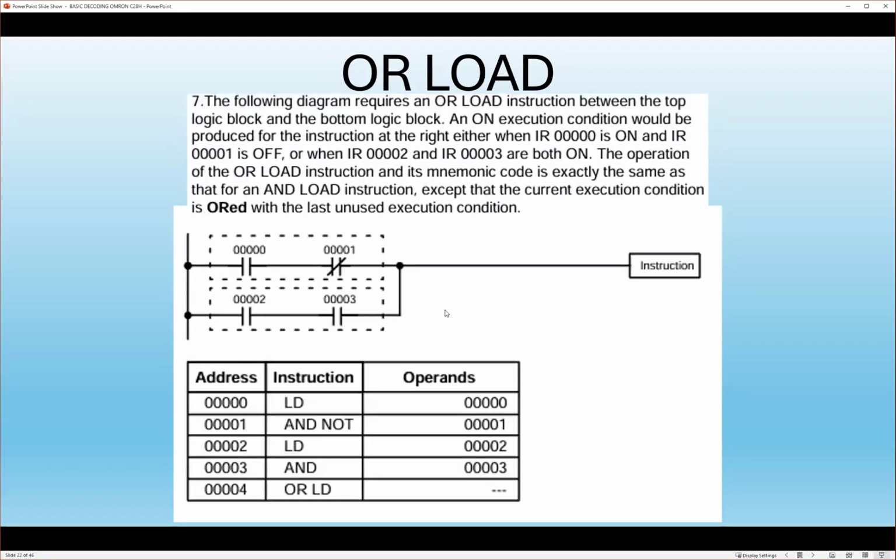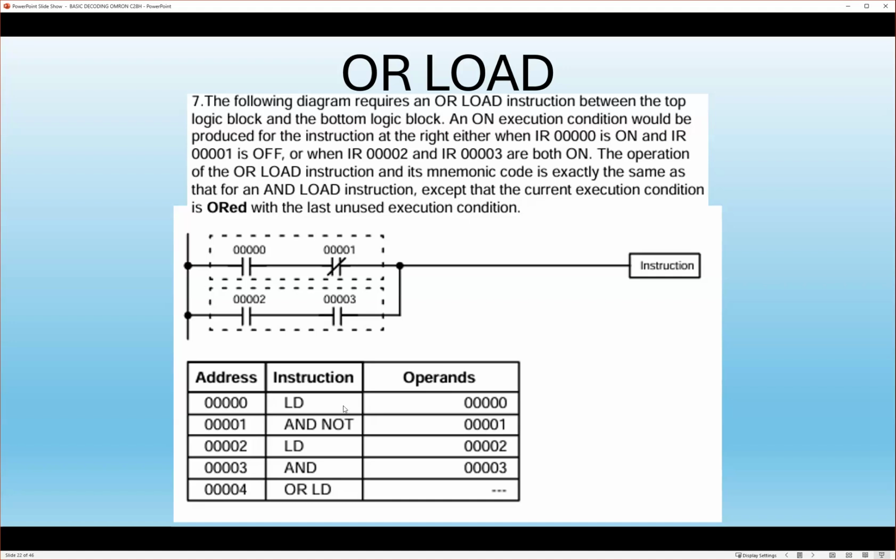The following diagram requires an OR load instruction between the top logic block and the bottom logic block. An on execution condition would be produced for the instruction at the right either when IR001 is on and IR001 is off, kind of like I was showing, or when IR002 and IR003 are both on. The operand of the OR load instruction and its mnemonic code is exactly the same as for an AND load instruction, except that the current execution condition is ORed with the last unused execution condition.